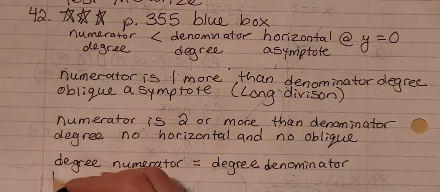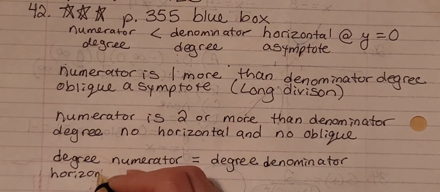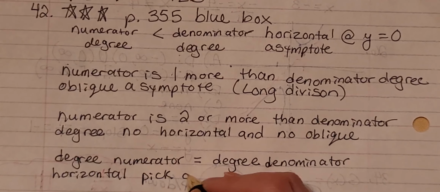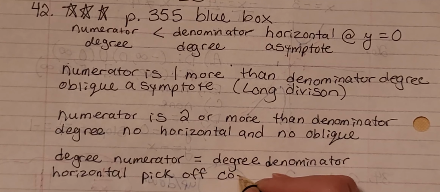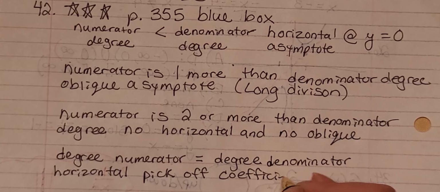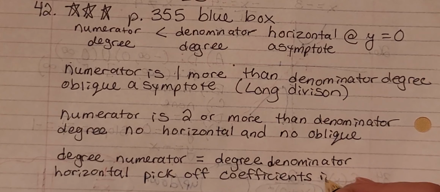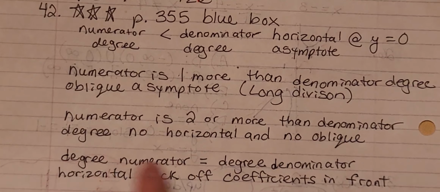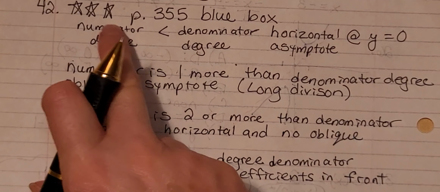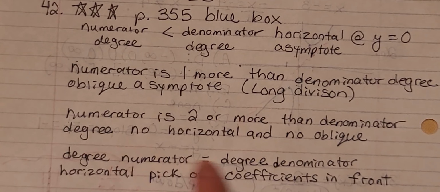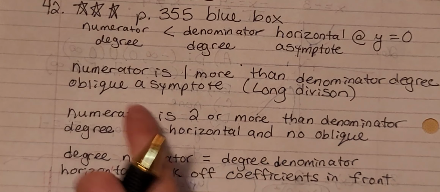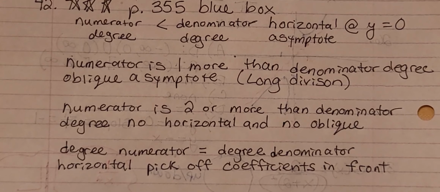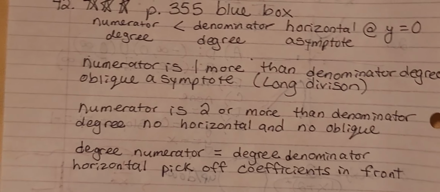You'll have a horizontal, and you pick off the coefficients in the front. Okay, and this one is not that bad. You really kind of wish you have this one, or this one, because it's the least amount of work. You really kind of hope that you never get this one because then you're going to have to do long division, and that's going to be much more difficult.